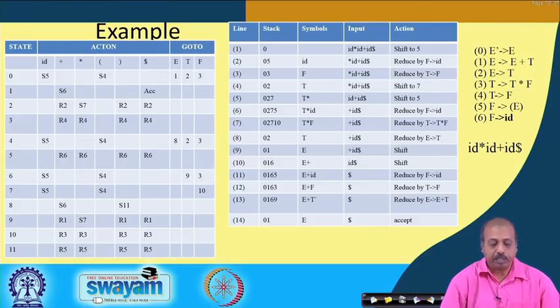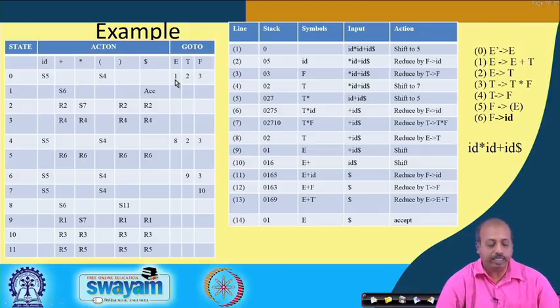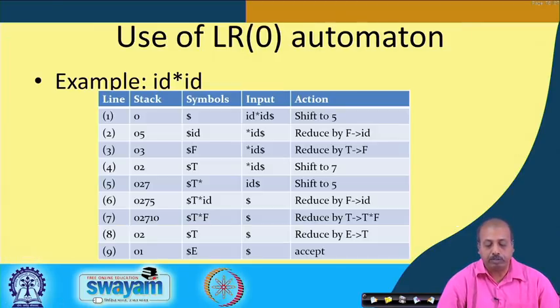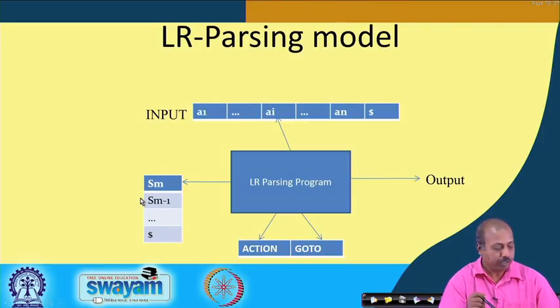For example, from item I0 on E, T and F, let us see where we are going. If we look into this diagram for I0, on E it was going to state I1, on T it was going to I2, and here the label is not marked, but it has come from T producing F dot. So, this is F.